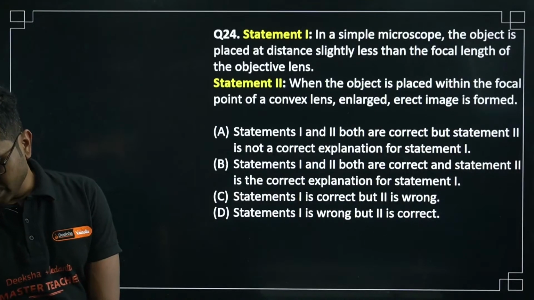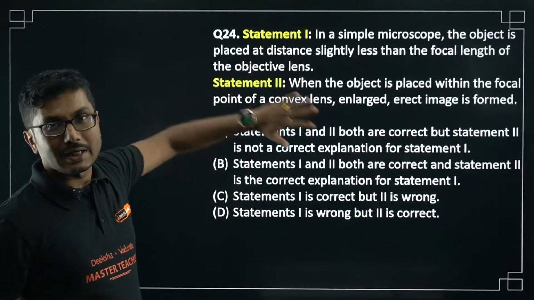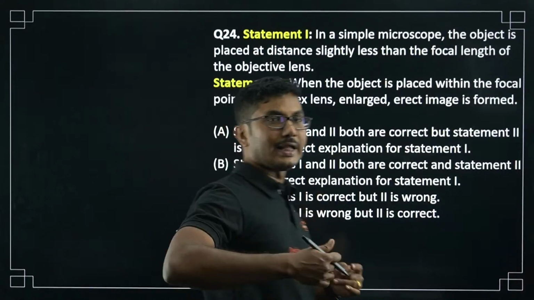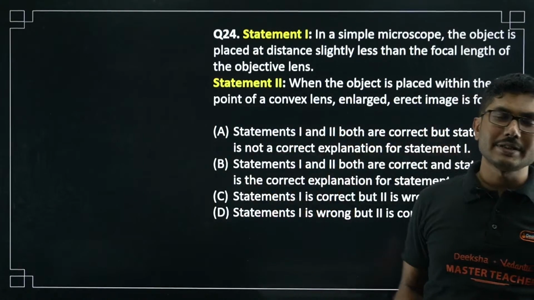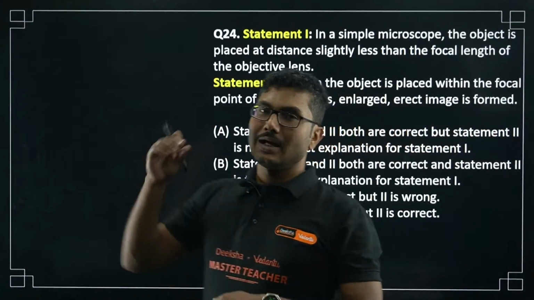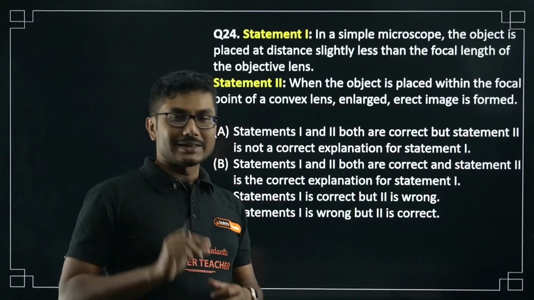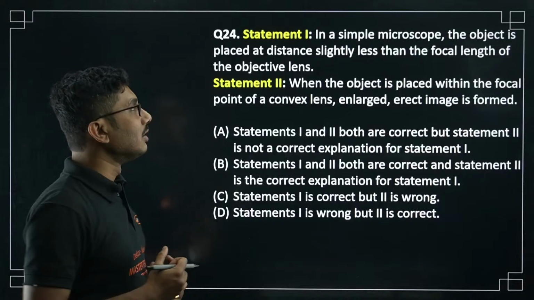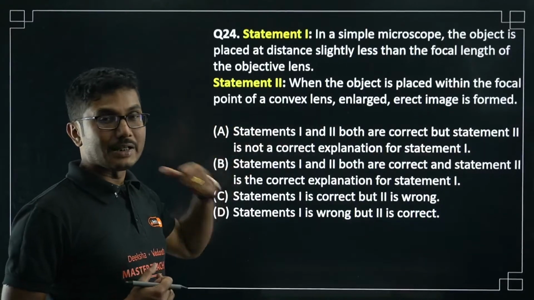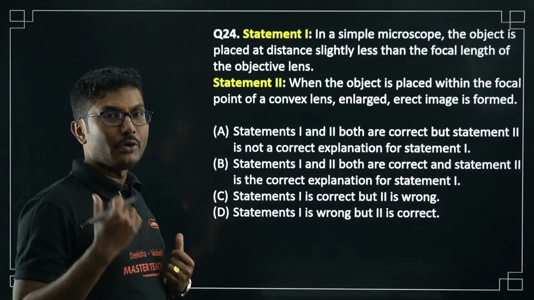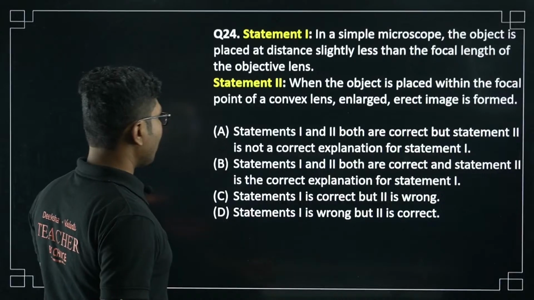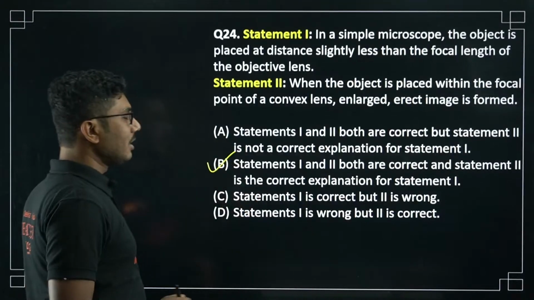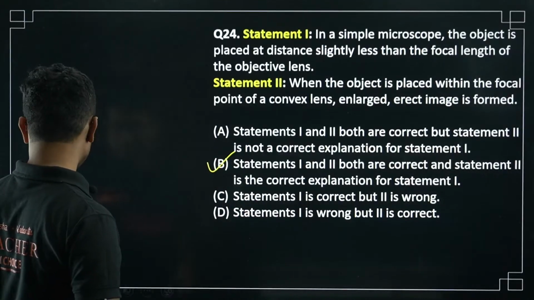Yes, so both statements are correct, and because we need an erect and enlarged image, it is placed slightly less than the focal length, so that you can get an enlarged and erect image. Erect image is very, very important to get. So both statements are correct, and 2 is the correct explanation.